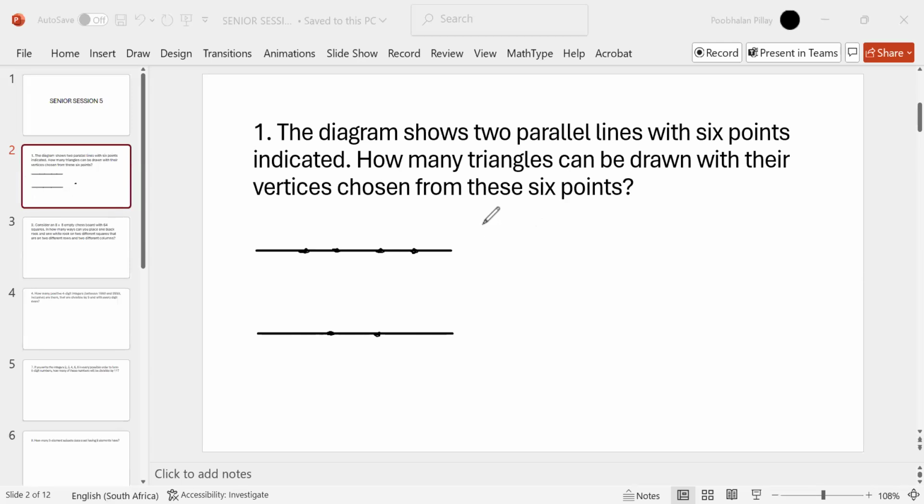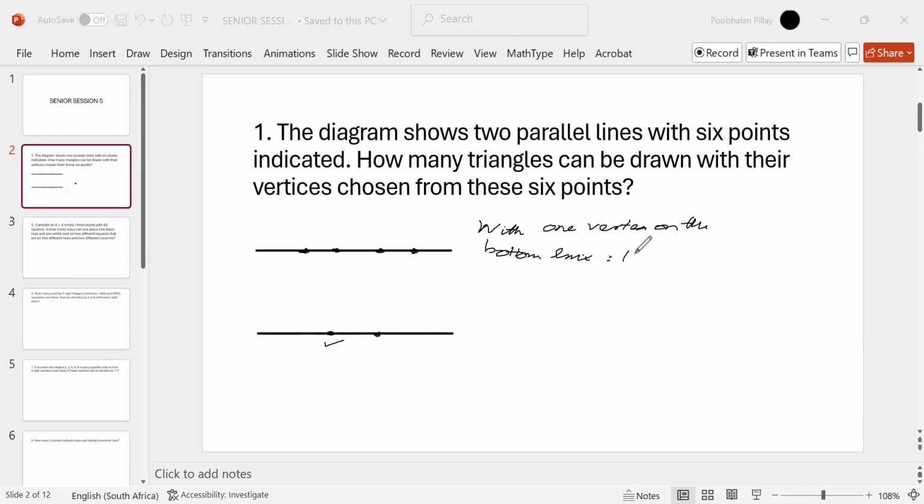Say with 1 vertex on the bottom line. And so suppose we have this vertex here. Okay, then what do we have to do? We have to choose 2 more vertices.